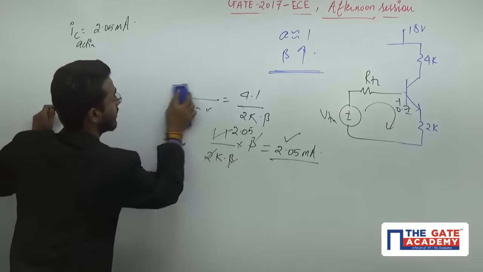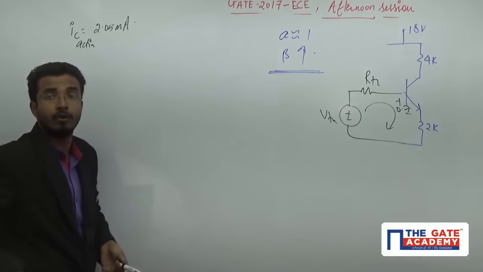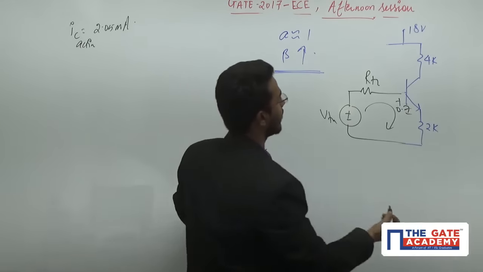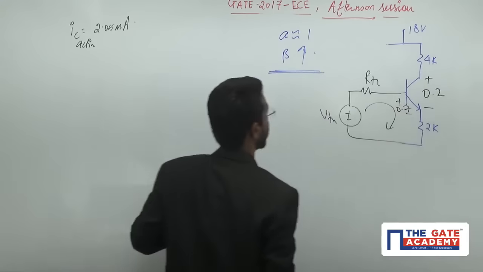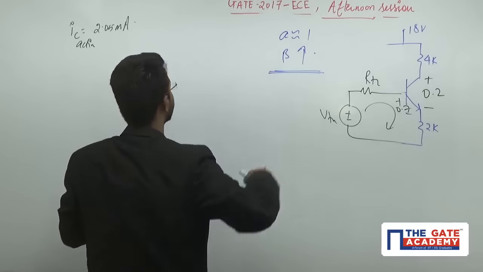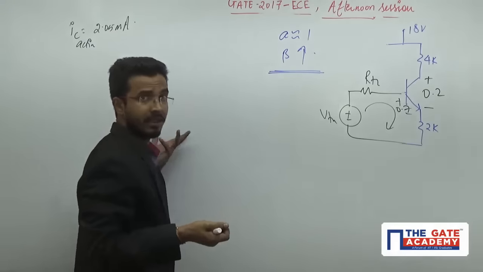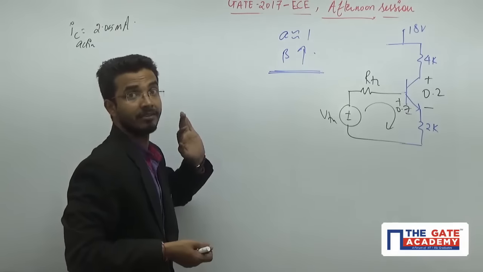If we get active, that will be okay, but whenever you are doing the exam, you don't know whether it is in active or saturation. You have to check. If it is in saturation, VC should be 0.2. I will calculate the value of IC: if that IC is greater than this, it is in the active region; if it is less than this, it is in the saturation region.